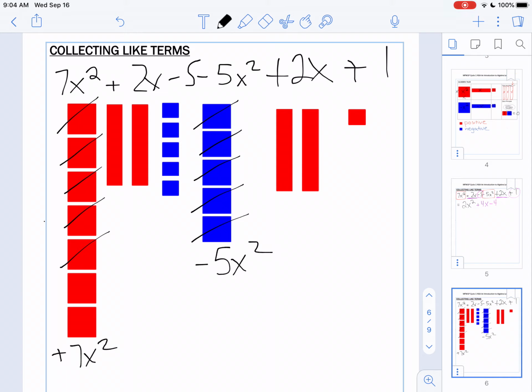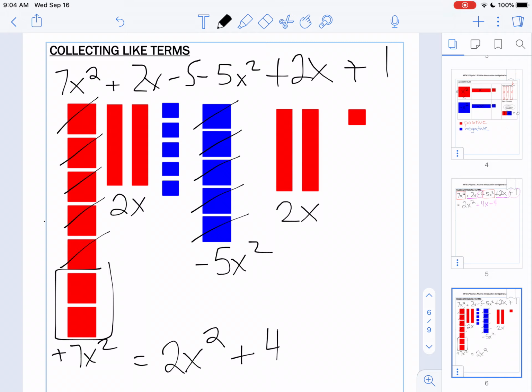So you're going to have 5 pairs canceling out and you're left with just 2x squared. Moving on to the thin rectangles, I've got 2 x's here and another 2x. They're both positive, so plus 4x total. And the small constant tiles, the 1 tiles, we've got negative 5 and a positive 1. Got some 0 pairs to cancel there, 1 pair, and we're left with just minus 4 when we're done.